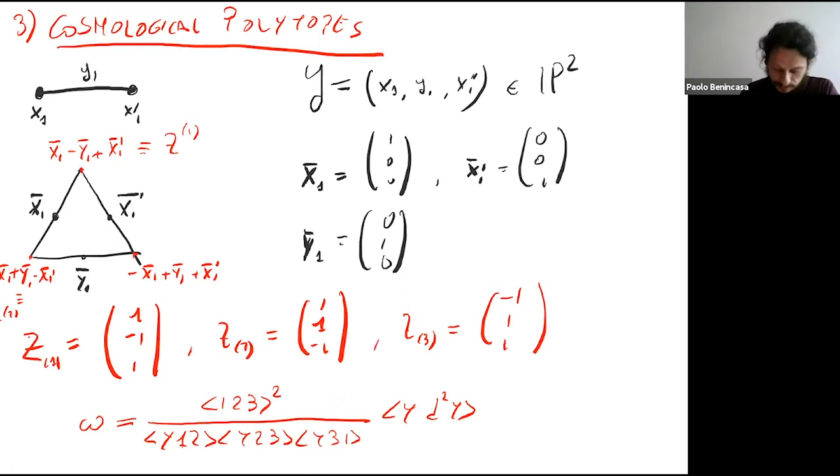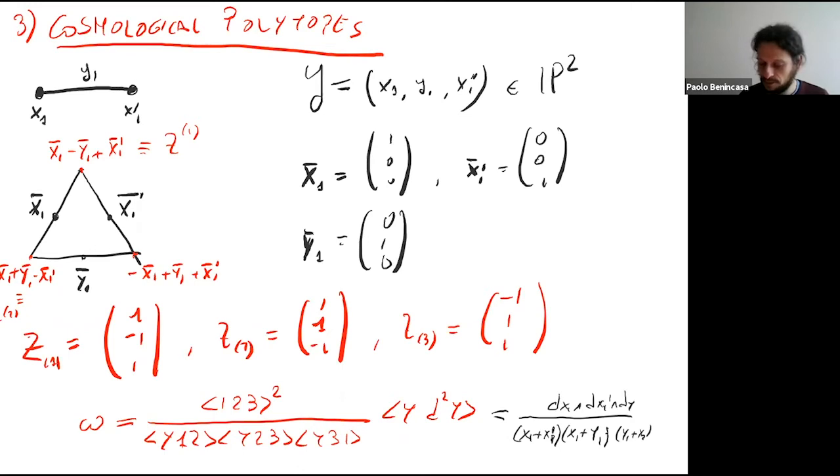Now, just to make sure I'm doing something physical, if you were to explicitly compute these determinants, because at the end of the day these angular brackets are determinants, you will obtain x1 plus x1 prime, x1 plus y1, y1 plus x1 prime, with here the x1, the x1 prime, the y1, and obviously the volume of GL1.